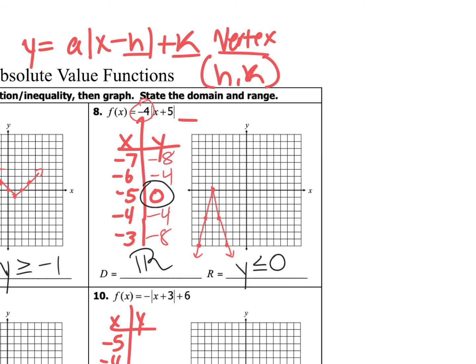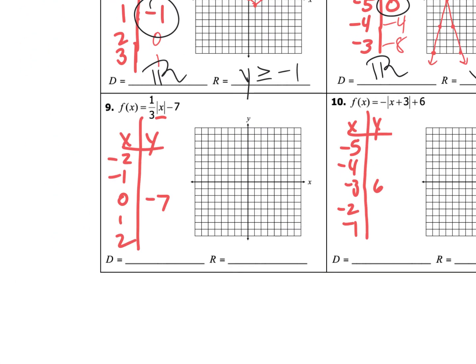All right, number 9. Let's see. I'm gonna get some fractions this time. So this will be negative 6.6 repeating. And this will be negative 6.6 repeating. And then 2, that'd be negative 6.3 repeating.